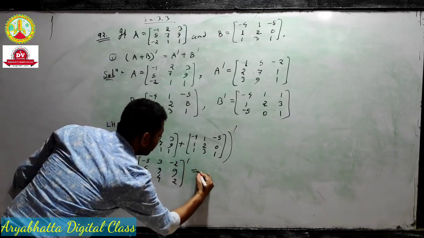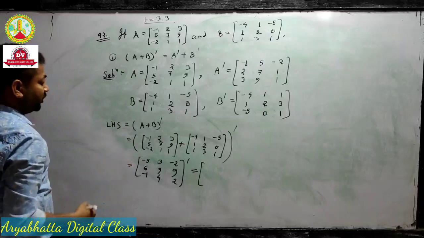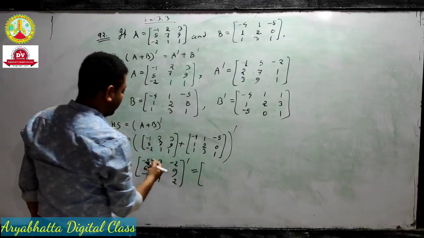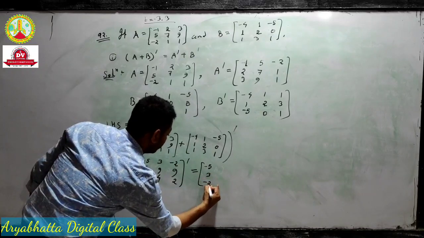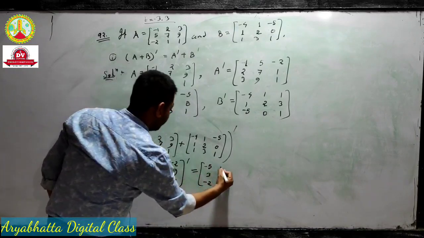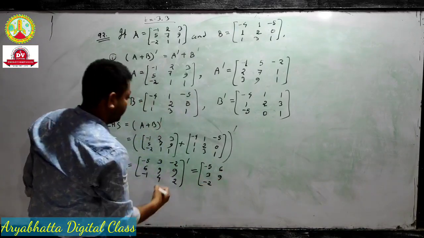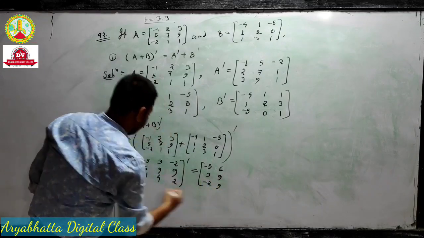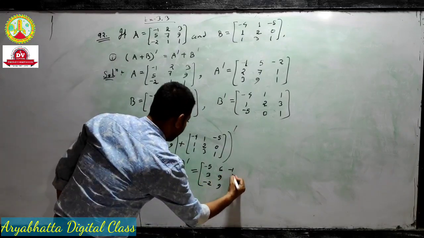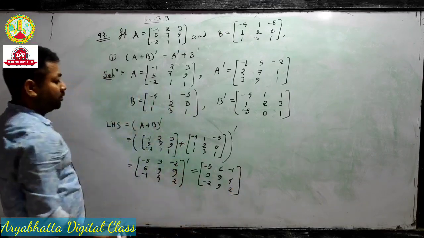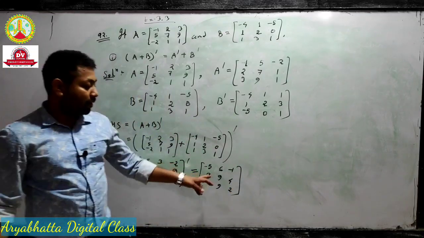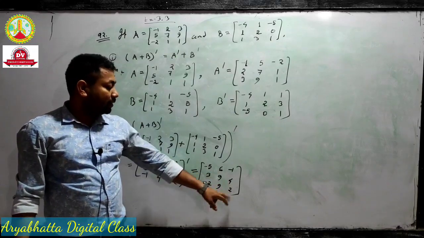This is equal to the first row interchange with first column, then minus 3 2 minus 2, 6 9 9, minus 1 4 2. Left hand side is equal to minus 5 6 minus 1, 3 9 4, minus 2 9 2.